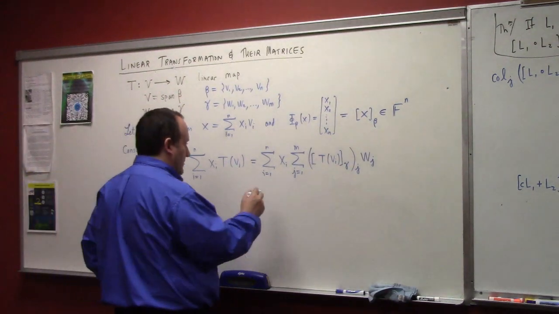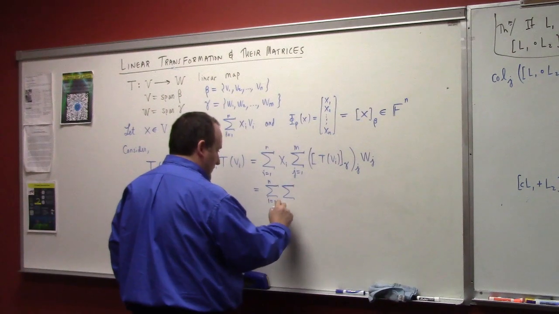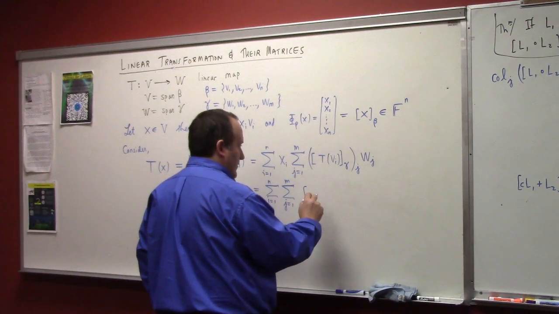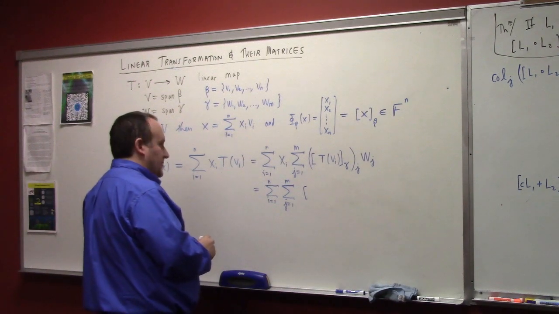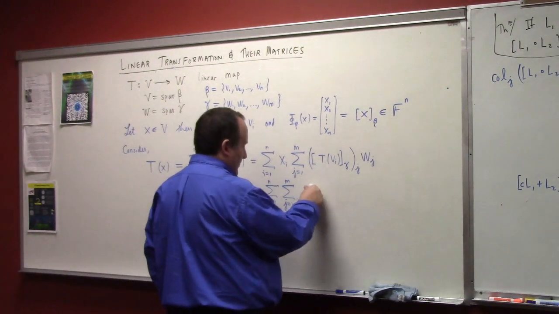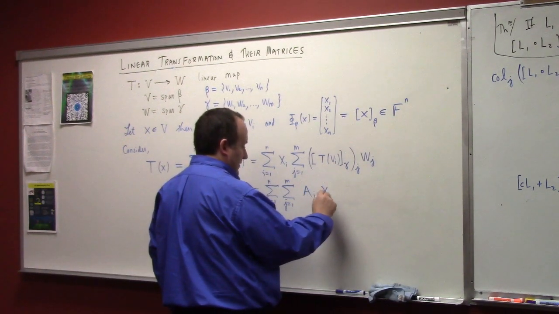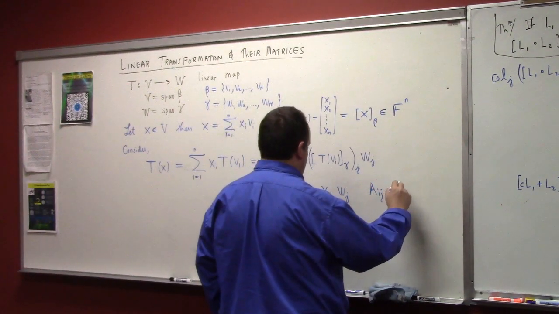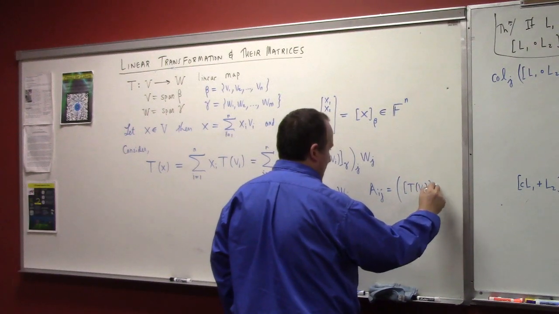So I can write this as the sum i equals 1 to n, the sum j equals 1 to m of the matrix. Well, let me just call this thing, for the sake of discussion here, a_ij, times x_i, w_j. Here, a_ij is equal to the jth component of the gamma coordinate vector of T of v_i.